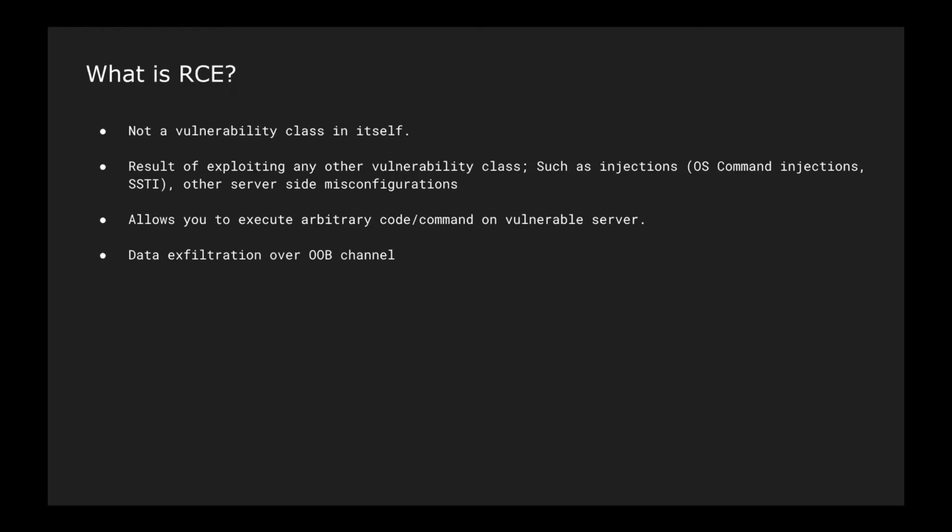So exploiting an RCE could allow you to get command execution or code execution on the server. And sometimes XXE or SSRF can be blind, so we will exfiltrate data over DNS as out of band. These are the really basics, and we will try to understand the concept thoroughly using some case studies.